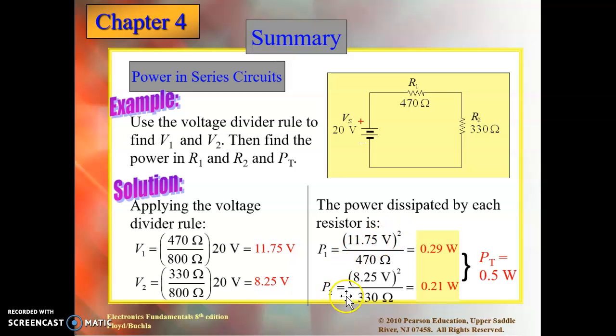Then I do the same for P2 and I get 0.21. If I do 20 squared divided by 800, I get 0.5 watts, which is the same as if I add 0.29 plus 0.21. So that's how power adds up in a series circuit.